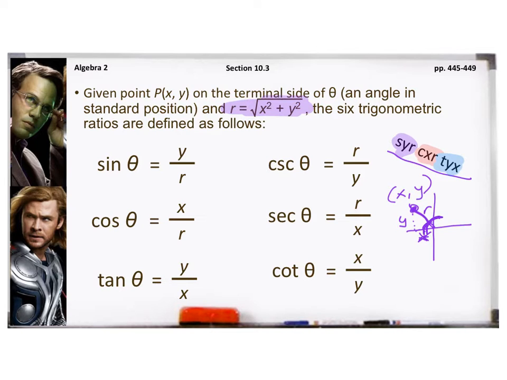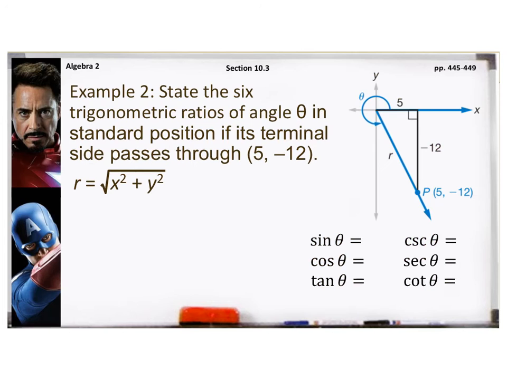It's actually called a reference angle, but it will give you the proper values. Now remember, with the x and y, you want to maintain the negative. In this case, my x is going to be negative, so cosine would be negative, and this one would be negative, this would be negative, and this would be negative, because the x is negative. Sine and cosecant would be positive because the y is positive.